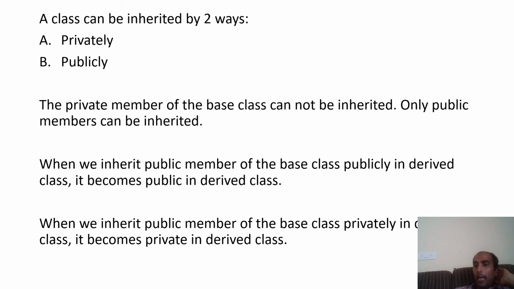When you inherit the public member privately, it becomes private in the derived class. Very simple. First, I have told you that a private member cannot be inherited in any case. Now, when you inherit the public members of a base class privately, they become private in the derived class. And when you inherit the public members of a base class publicly, they become public in the derived class.